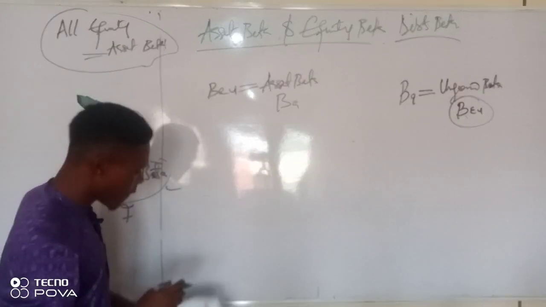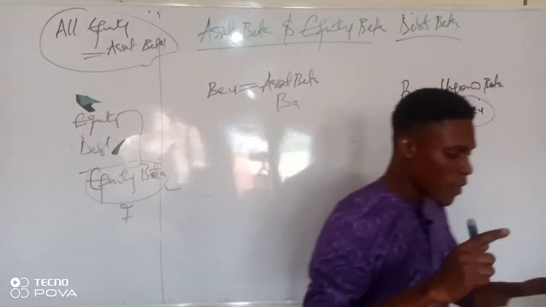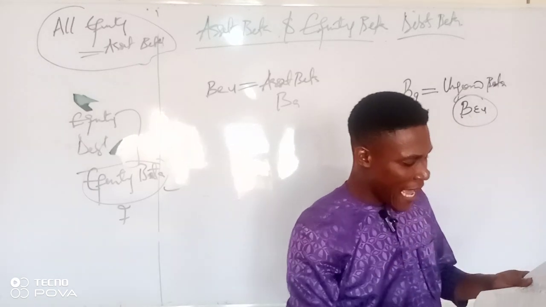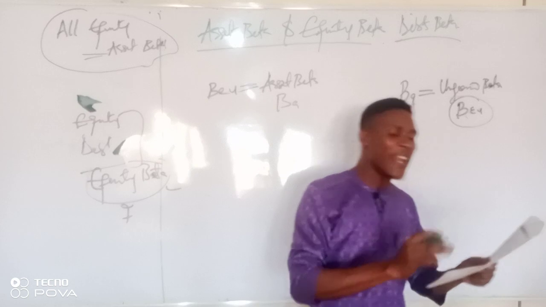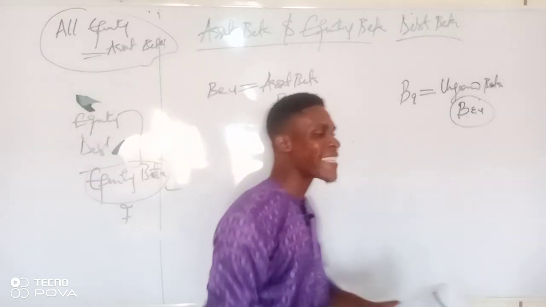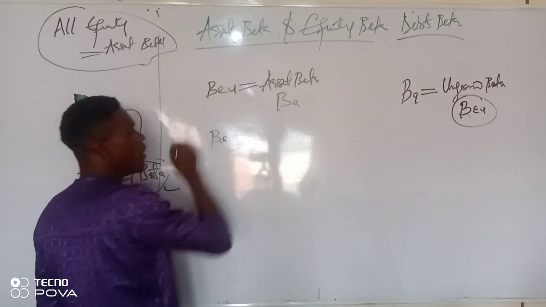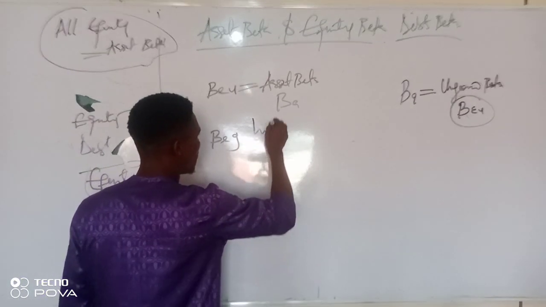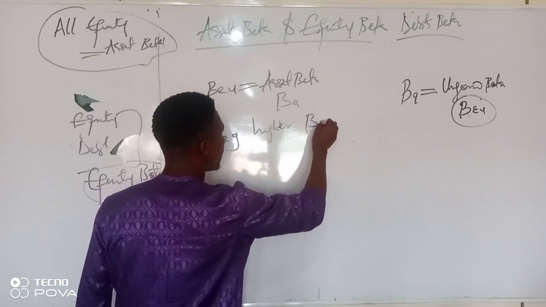Now, look at this. The equity beta in an ungeared company is always lower than the equity beta in a geared company because there is no financial risk in an ungeared company. So at any point in time, the equity beta of a geared company will always be higher than the equity beta of an ungeared company.